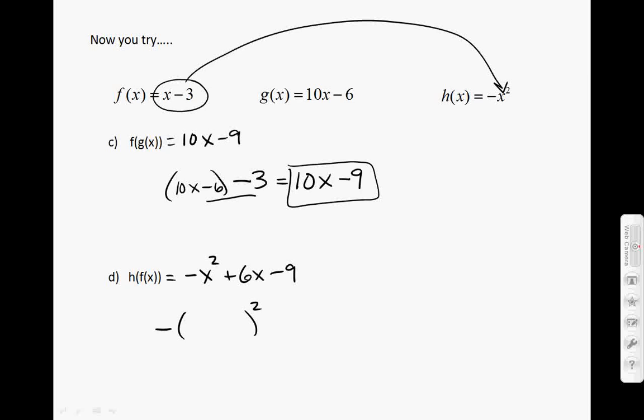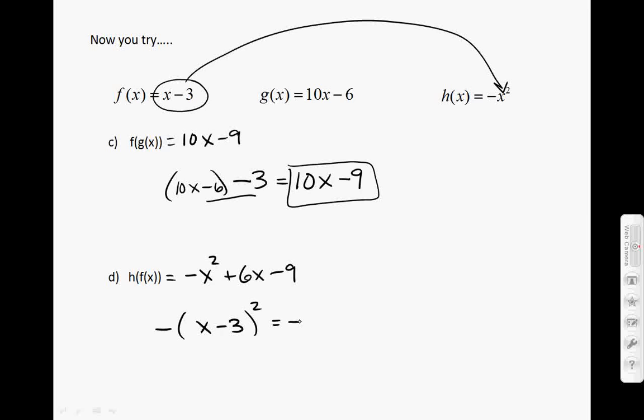So I put parentheses, but I made sure I kept the negative and the squared sign. And I'm going to fill in those parentheses with the f function, or the x minus 3. Okay, order of operations says that we're going to do the squaring first, and then we'll multiply by the negative.